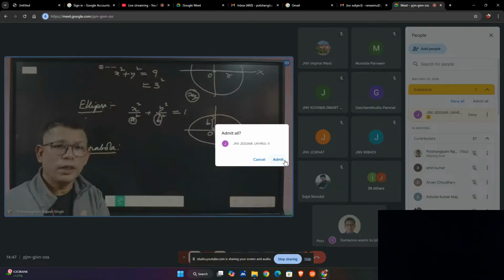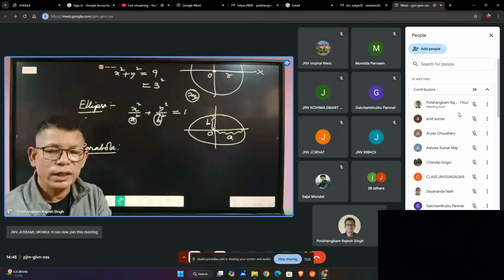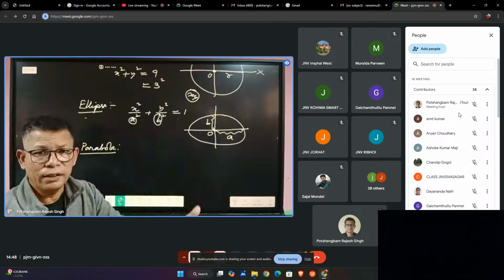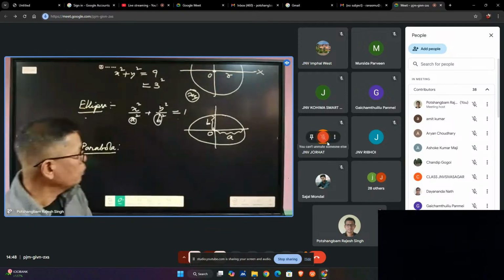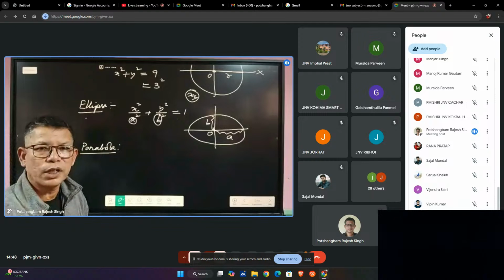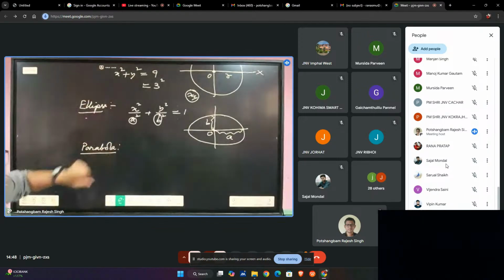But we cannot predict whether the question will be based on the ellipse, maybe the circle, maybe the parabola, maybe the line. So it depends on luck. If you know more about the parabola, you may want to answer a question based on it, but we cannot predict now, so we need to know all the standard equations so that we will be able to solve the question correctly.